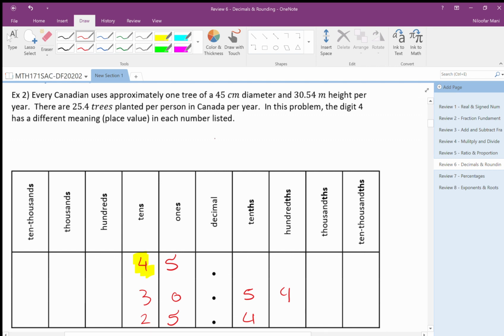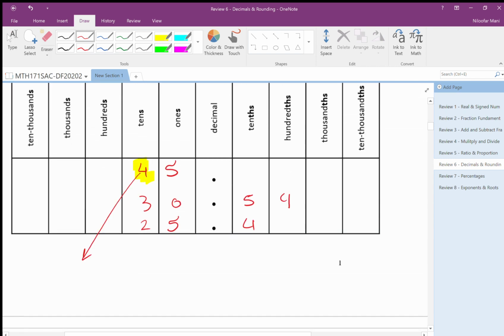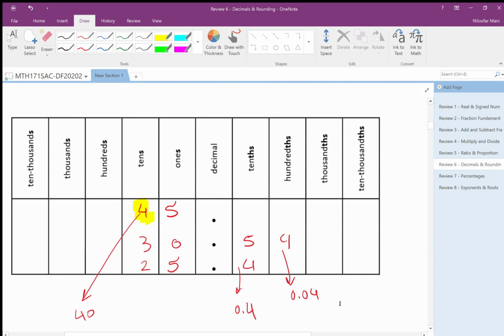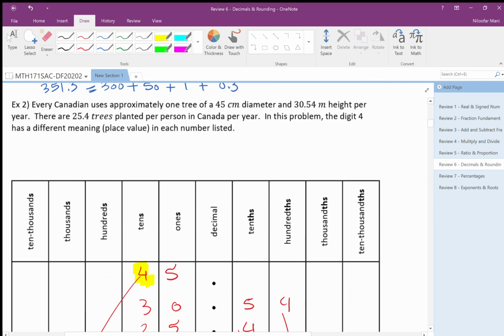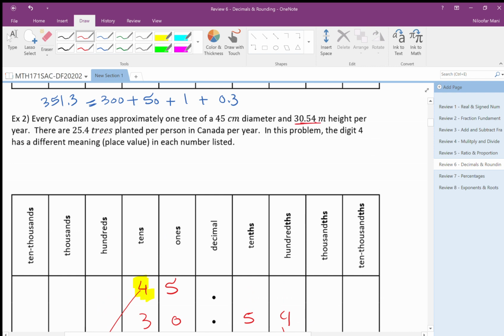I can write 40 plus 5. How about this 4? This 4 is 0.04. Maybe I can write it on the table here. So this means 40, this means 0.04, and this means 0.4. They have different meanings. For this one it's hundredths, for this one it's tenths, and for this one it's tens, because it's 40.